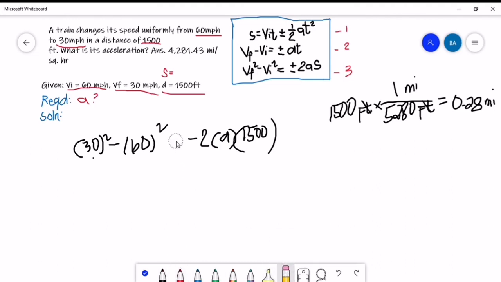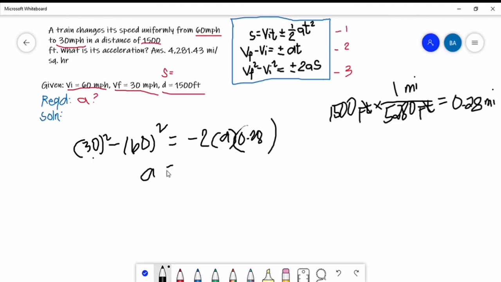So at this point, let me erase this one first. Now we will be using 0.28 here. Using your calculator, just a little bit of simplification for this. I know you already know how to simplify this kind of problem. This is just a basic simplification.